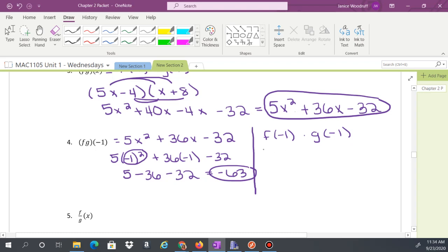So for f of negative 1, you'd have 5 times negative 1 minus 4, which would give you negative 9. g of negative 1, you'd have negative 1 plus 8, which would give you a positive 7. So negative 9 times 7 gives you a negative 63. So, like I said, if you didn't already do what we did in number 3, this would be the easier route to go. Okay, but if you did already do it, either one is fine.